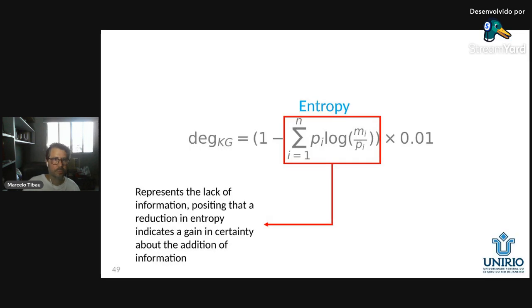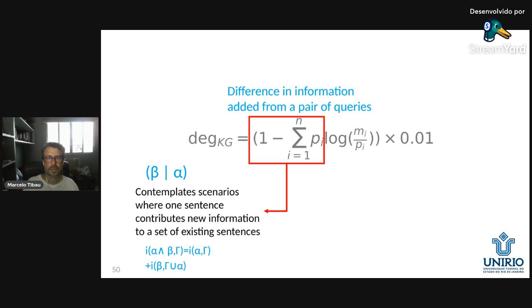To do that, I would like to return to the formula. Here we have the entropy, and entropy represents the lack of information, meaning that a reduction in entropy indicates, again, uncertainty concerning the addition of information. One minus the detection probability is the difference in information added from pair queries.